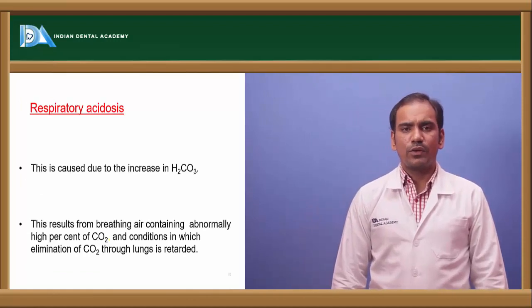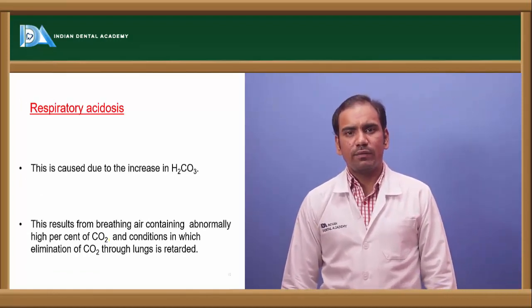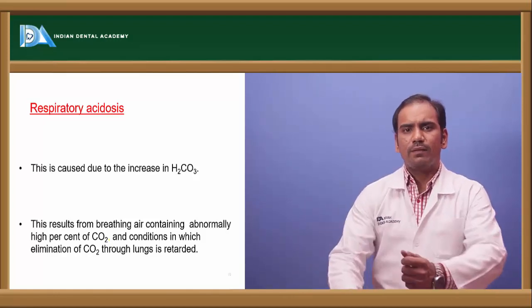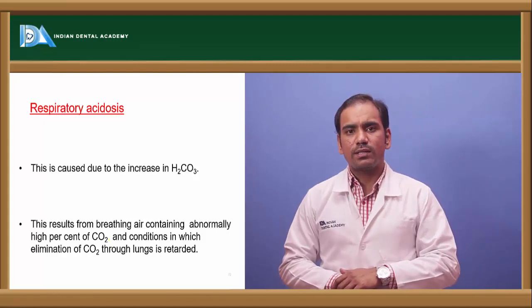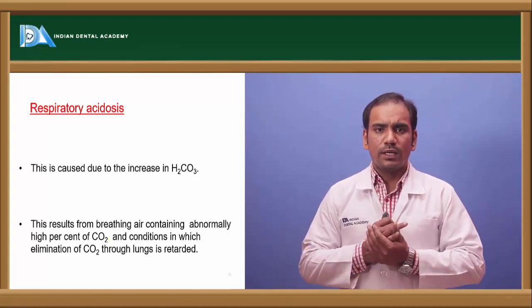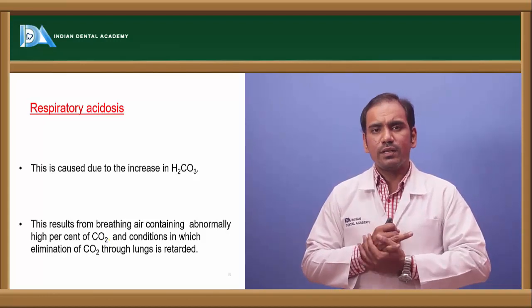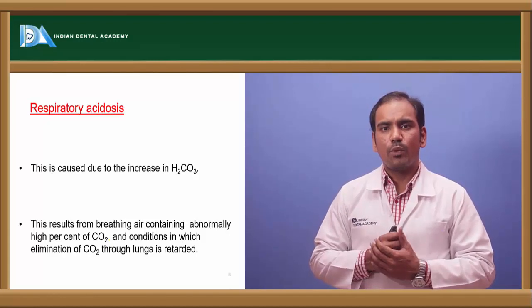Respiratory acidosis. We have seen metabolic acidosis because of primary deficiency of bicarbonate, resulting from an excess amount of metabolic acids. Coming to respiratory acidosis, the main reason here is an excess amount of carbonic acid.